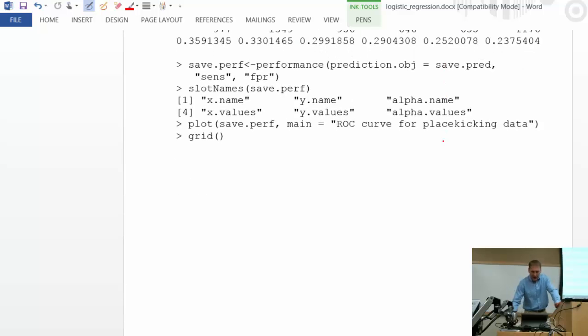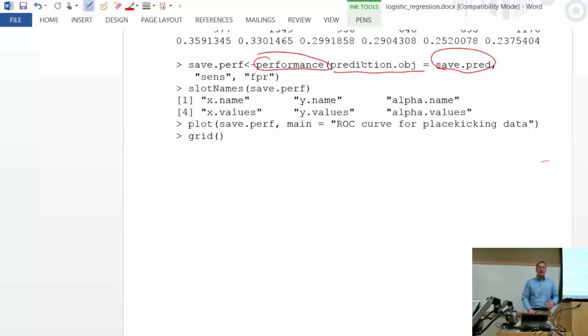Then once you do that, next you have to use another function inside the package called performance. And this calculates overall performance measures using the information that we had from the previous function. So I say prediction.obj for the first object. I save the stuff from the prediction function, save.pred.